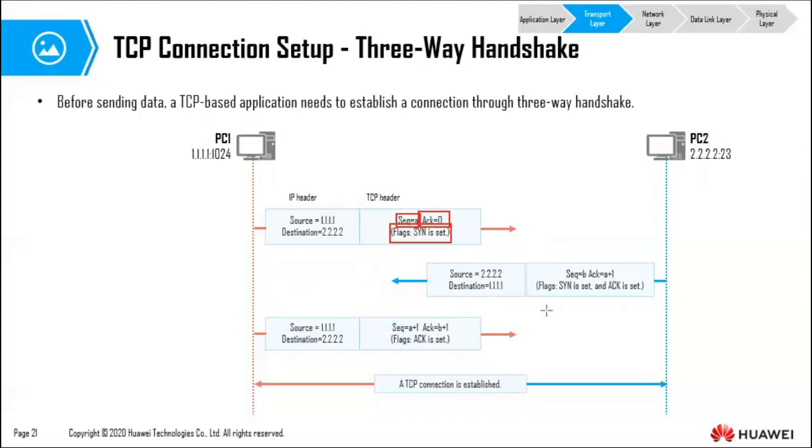So what happens when PC2 receives this particular packet? PC2 is going to send a reply to PC1. This time, PC2 is also going to generate a random sequence number, for example, B. Then on the acknowledgement, it's not going to send a 0.